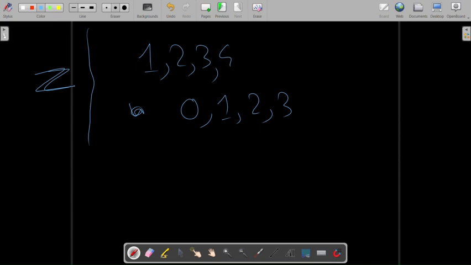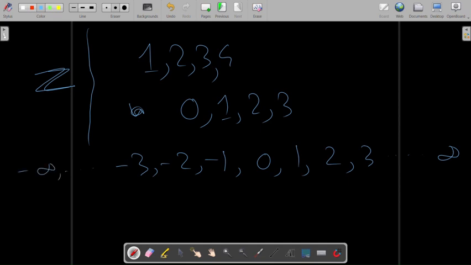But in the set of integers we can find both positive and negative numbers. So the numbers -3, -2, -1, 0, 1, 2, 3, from minus infinity up to infinity, are called the set of integers. To be more specific, obviously minus infinity and plus infinity are not integers. This is a higher concept. Whatever.